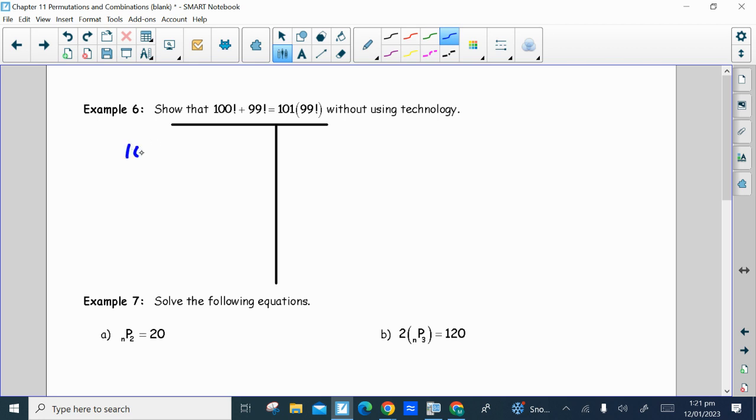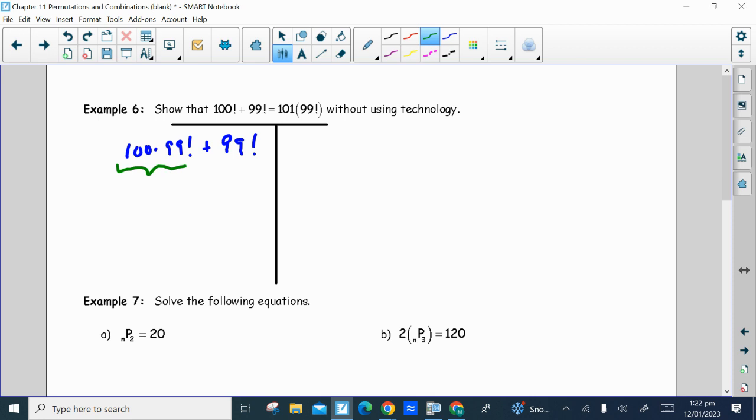Well, 100 factorial will be 100 times 99, and we can keep going as far as we want, but I'm going to stop at 99 and put a factorial on the end. And the reason for that is because our second term is also 99 factorial.